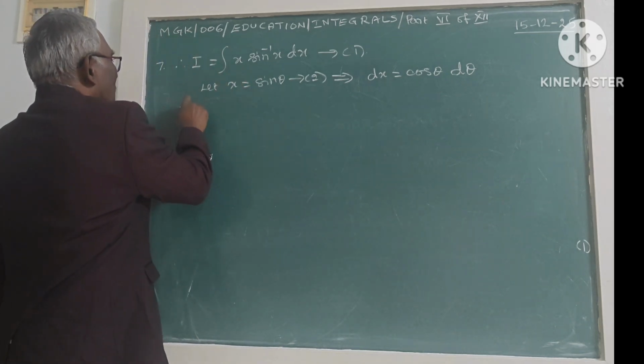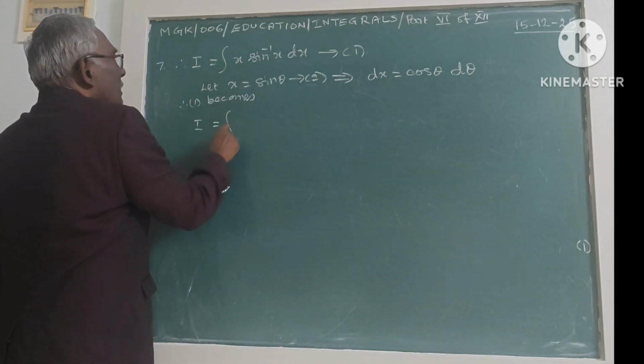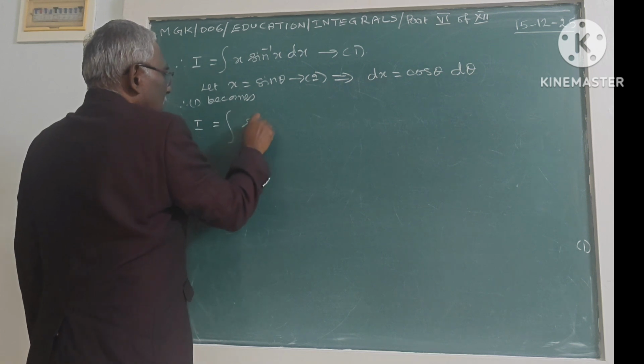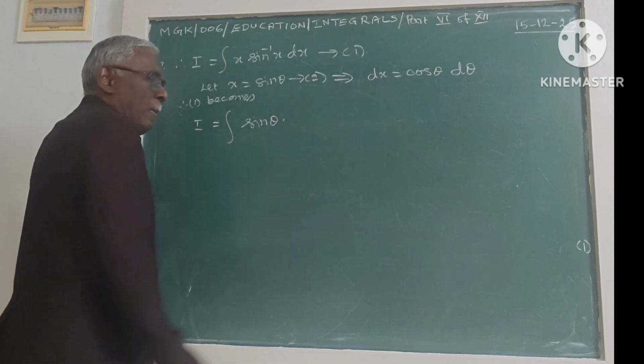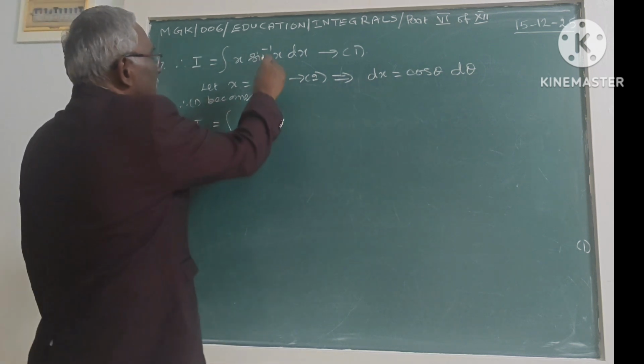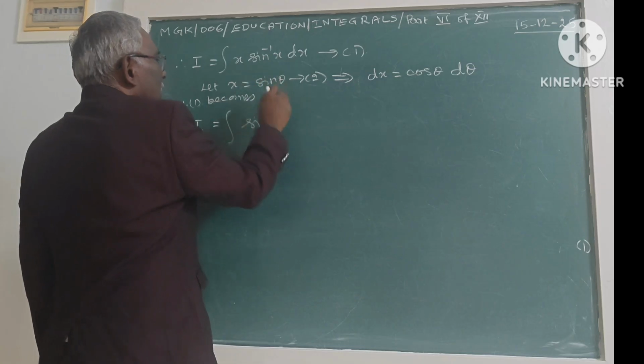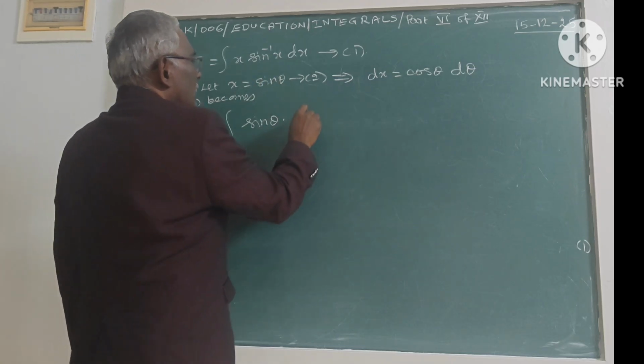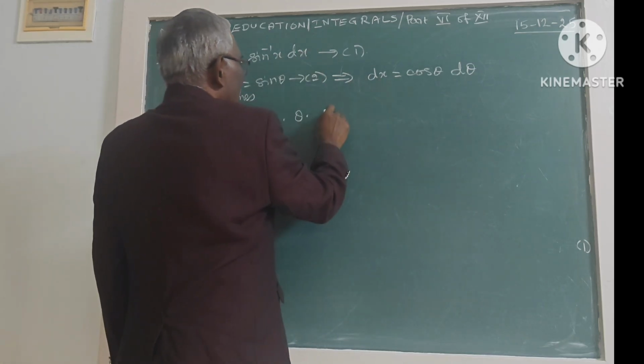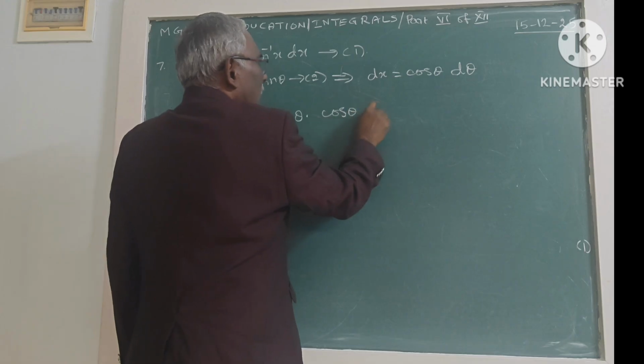Then the integral becomes x is sine theta, sine inverse of sine theta, that is nothing but theta, into dx is cos theta d theta.